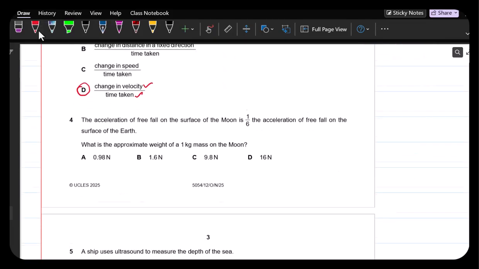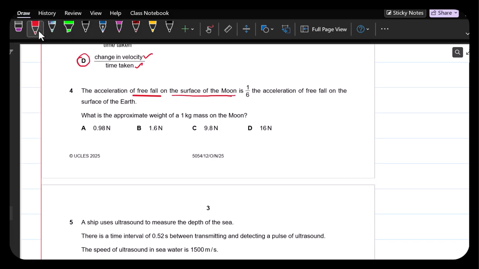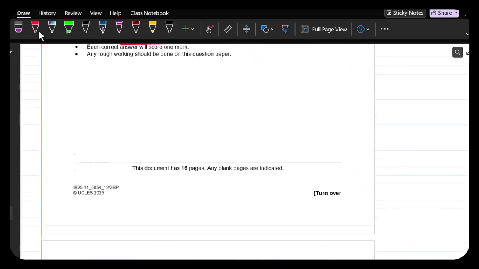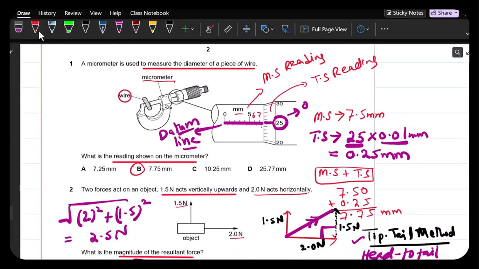Then question number 4: the acceleration of free fall on the surface of the moon is, again I say, 1.6 times less than the acceleration of free fall on the surface of the earth. You can go back to the instructions. You can see here free fall acceleration is 9.8 meter per second square.